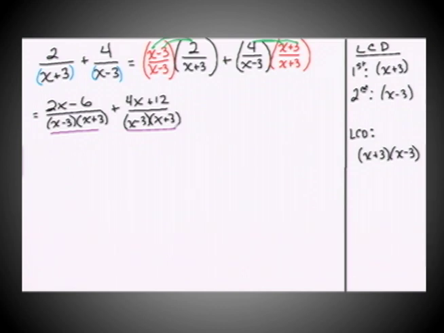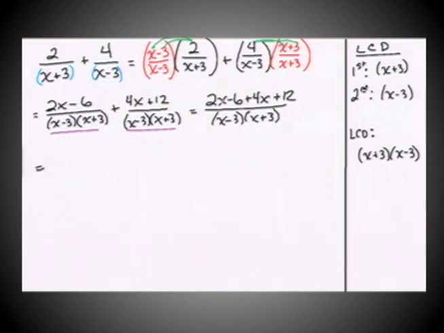So we simply combine the numerators over the common denominators. 2x minus 6 plus 4x plus 12 over our common denominator, x minus 3 times x plus 3. Combine any like terms in the numerator.